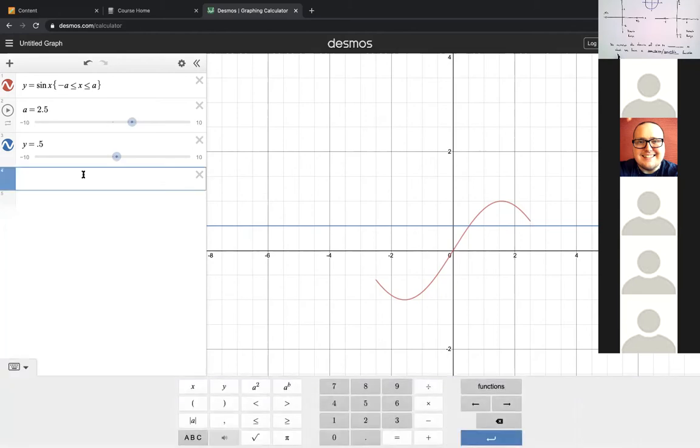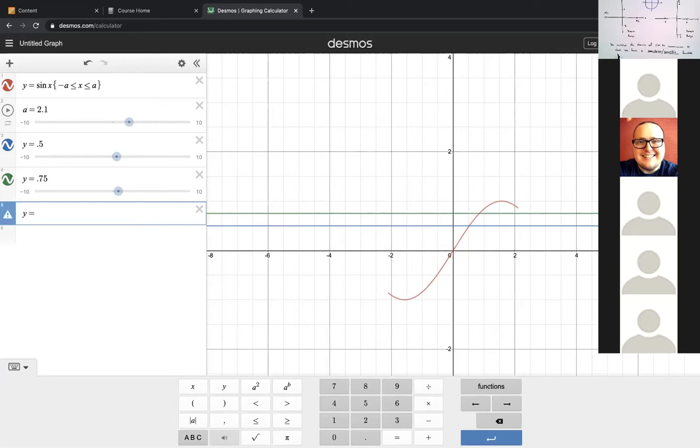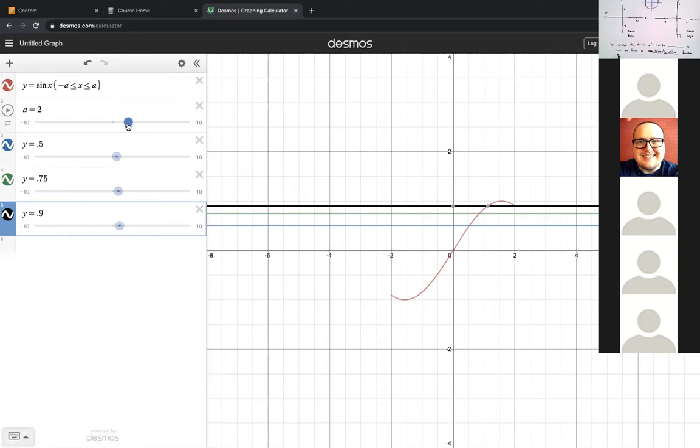But if I put in another line at maybe 0.75, you can see that we still haven't reduced it quite enough. So let's keep on going. Or maybe we're good now. Let's check. Maybe this line. No, not enough yet. Let's keep that going.